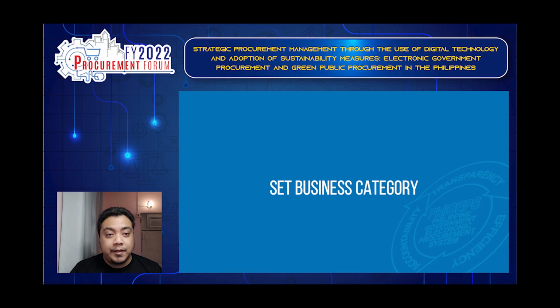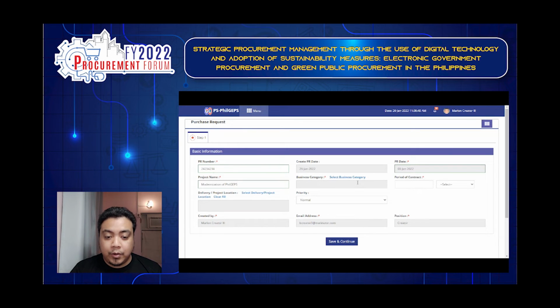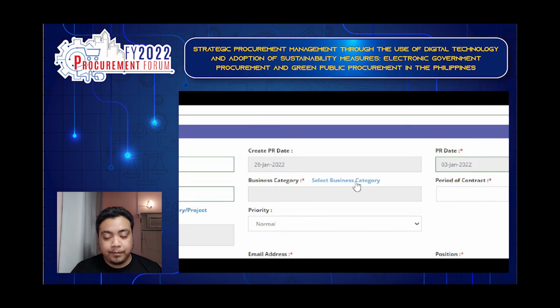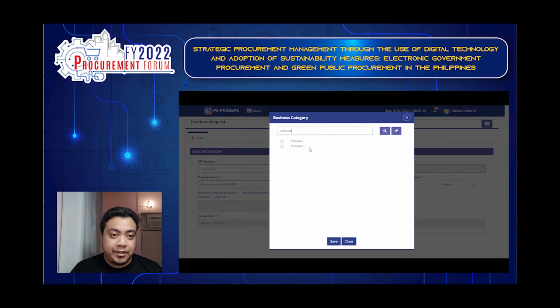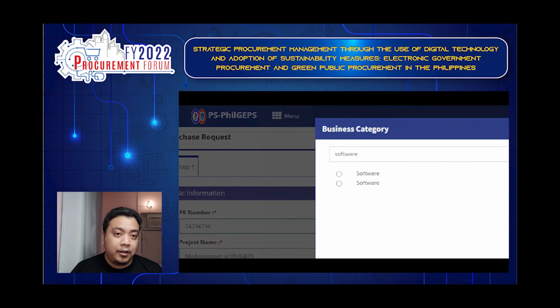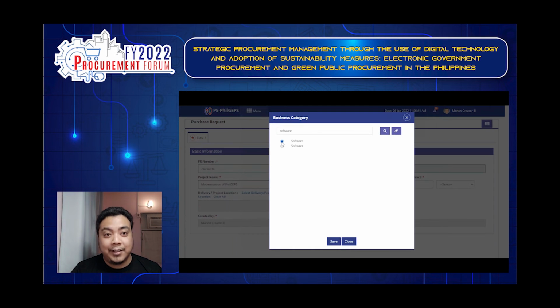Then set business category for the PR. So click select business category, and then search for a specific category, then tick the radio button and click save.